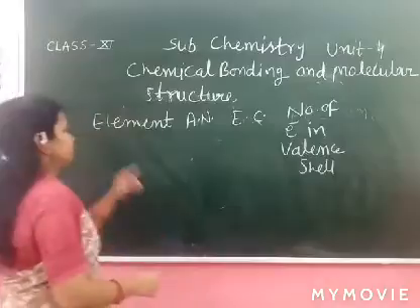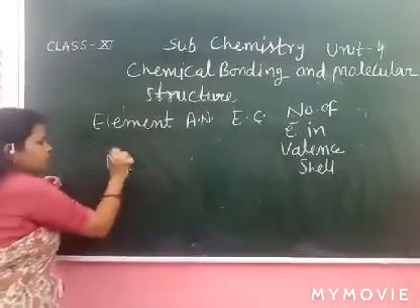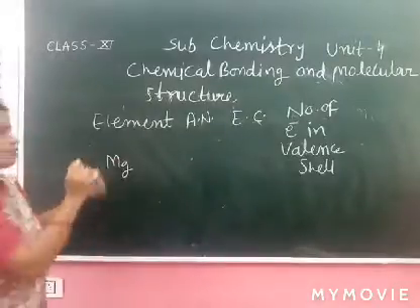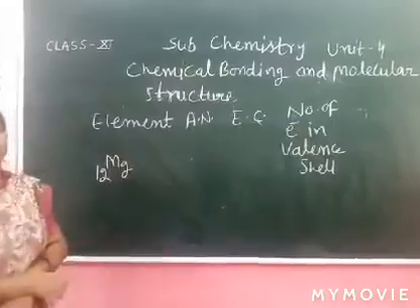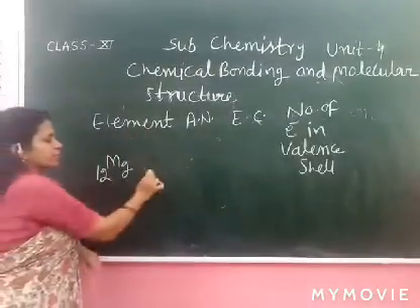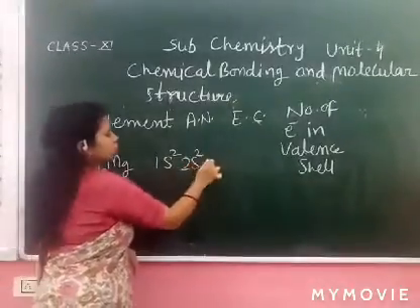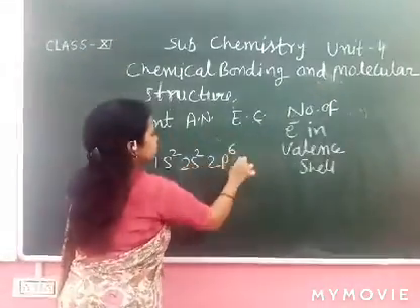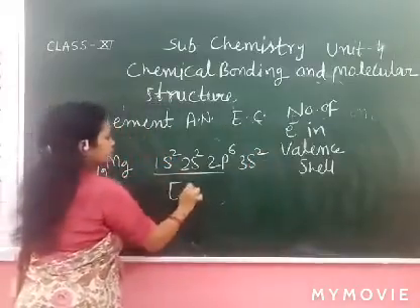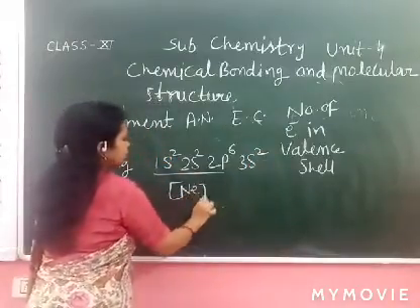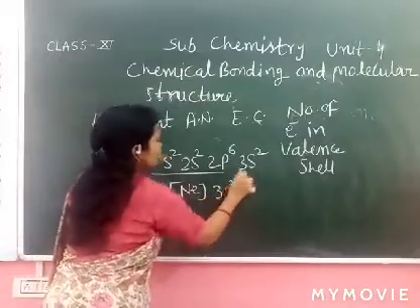Let's see an example, suppose we take magnesium. What is the atomic number of magnesium? 12. What is the electronic configuration? 1s2, 2s2, 2p6, 3s2. You can write it like this: neon, 10 electrons are filled, and 3s2.